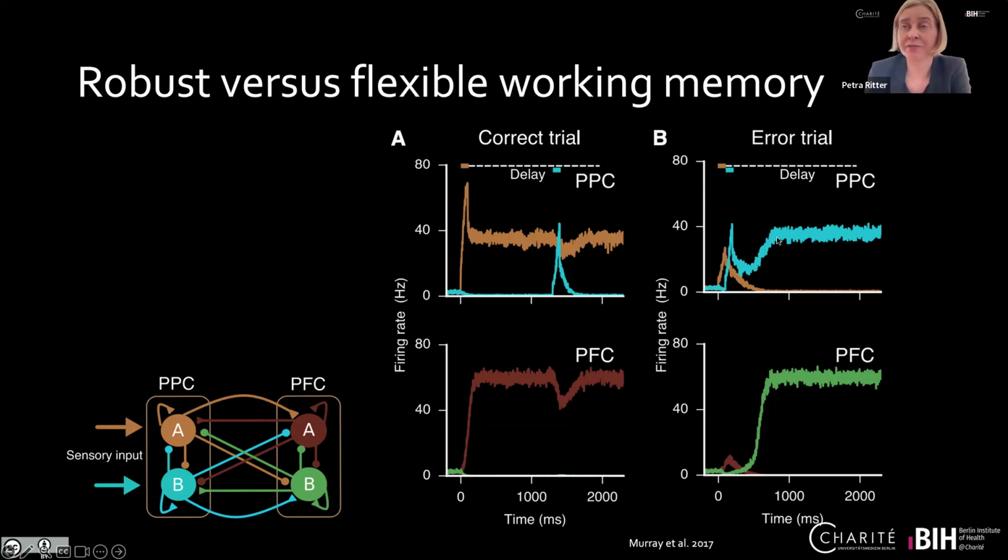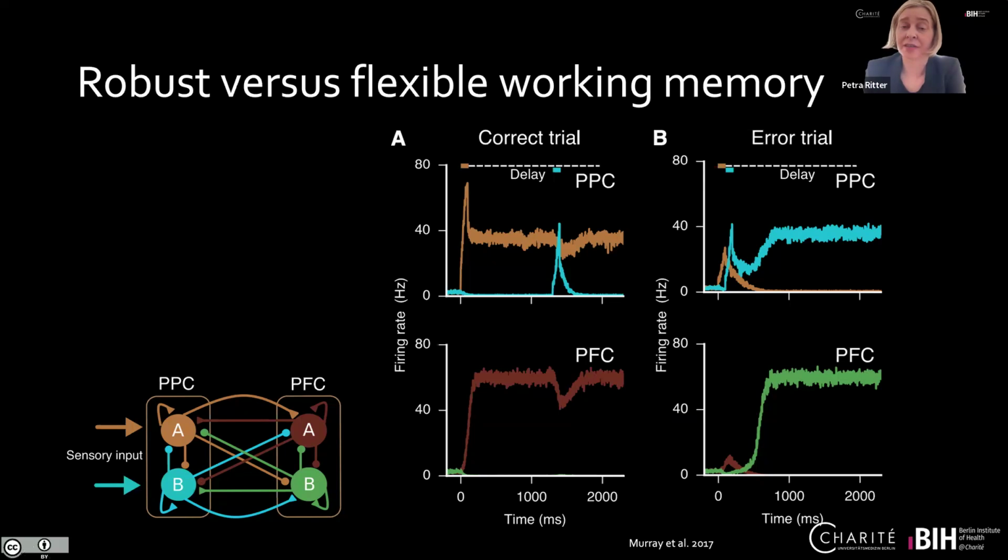And this would be cognitive flexibility. There would be a quick switching between the content in working memory. So this illustrates how this little circuit is capable of mimicking decision-making, and also working memory in humans.